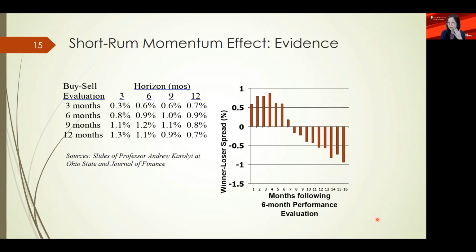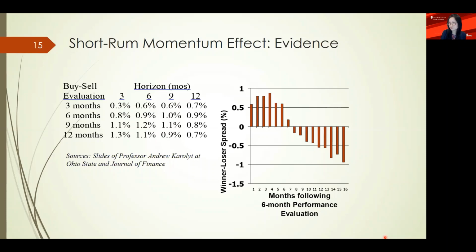If a stock is doing well in the past 3 to 12 months, people tend to be too conservative to anticipate the stock to have good earnings down the road. So they don't change their expectations fast enough to incorporate the return information in the past, which results in continued outperformance of winners relative to losers.